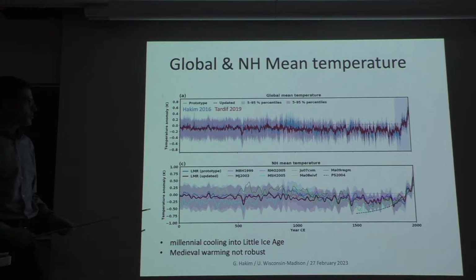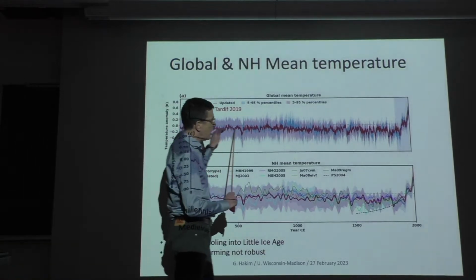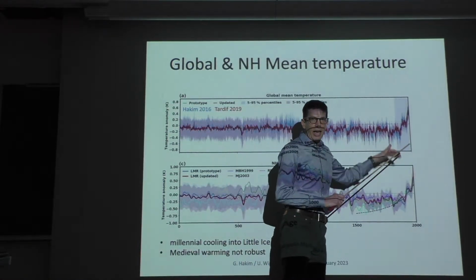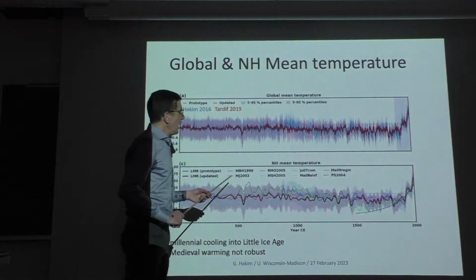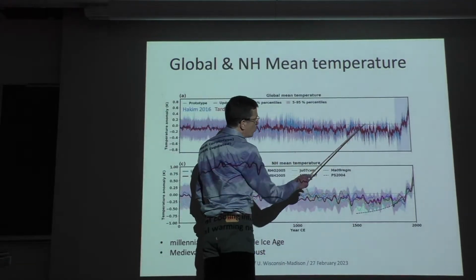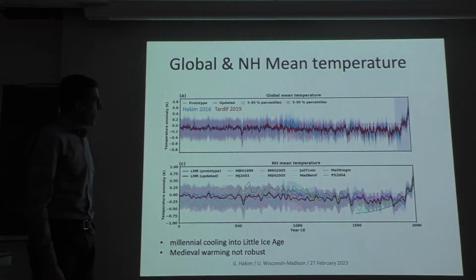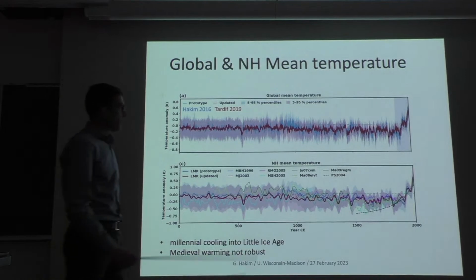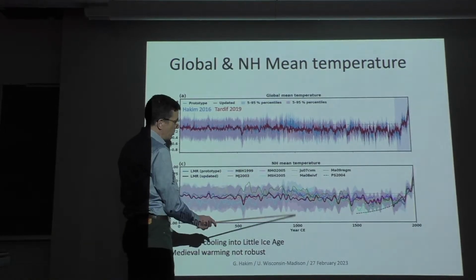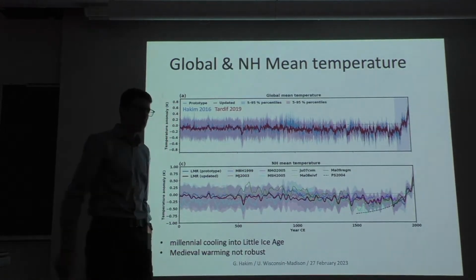They're fairly similar. So to leading order, what you see here is a millennial scale cooling trend into a peak of cooling in what is commonly known as the Little Ice Age. So that's a robust feature of the reconstructions. One that is not is around 1,000 years ago.